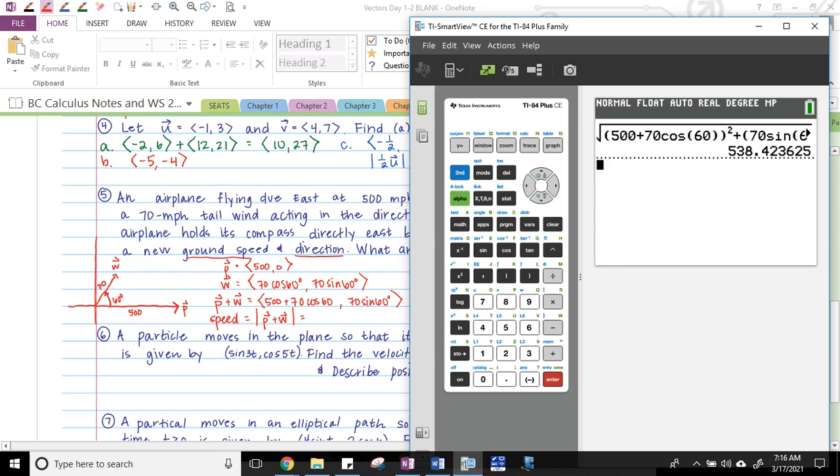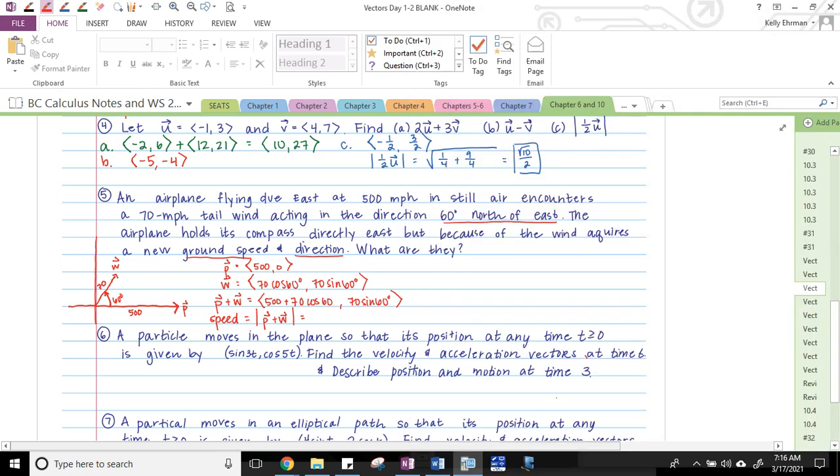I could put these in y equals, but it's fine. So the magnitude is 538.424. And we're talking about the magnitude of the velocity vector, not a velocity vector, I'm sorry. So this is still a speed, still miles per hour. All right, so we have that.